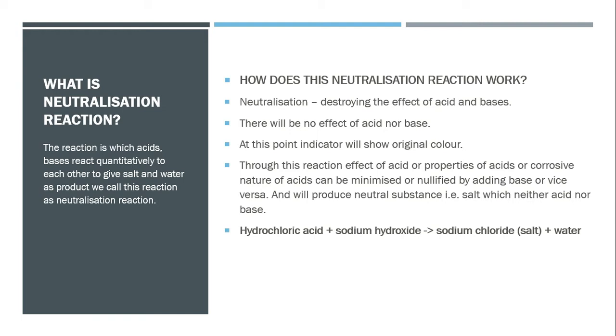At this point, the indicator will show its original color. Whenever you add an indicator to an acid, it gives a certain color. We saw with china rose that adding it to an acid changes it to magenta. But after slowly adding a base drop by drop, the dark pink color of the solution changed back to the original color of the indicator.